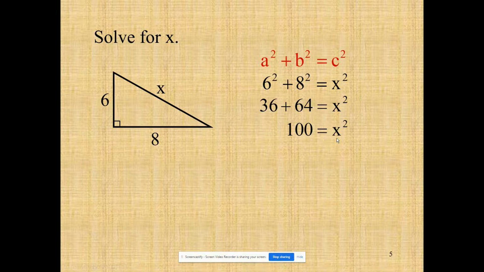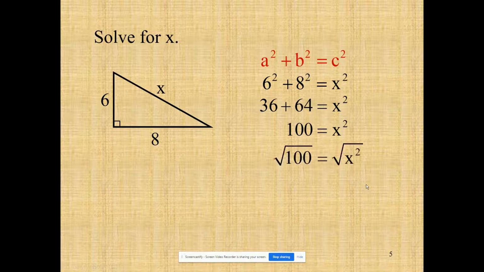100 equals x squared. Now I want to get rid of my exponent. So in order to get rid of the exponent, I am going to need to square root both sides. I have to keep my equation simple and balanced. So I am going to find the square root of 100, and I'm going to find the square root of x squared.